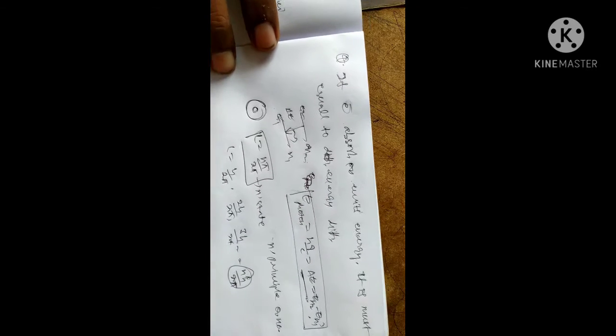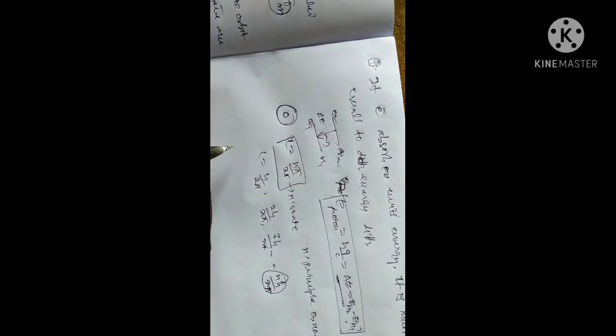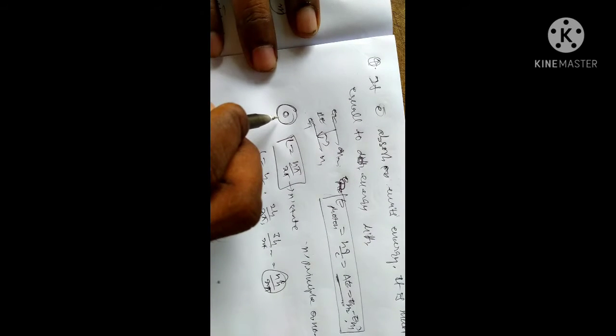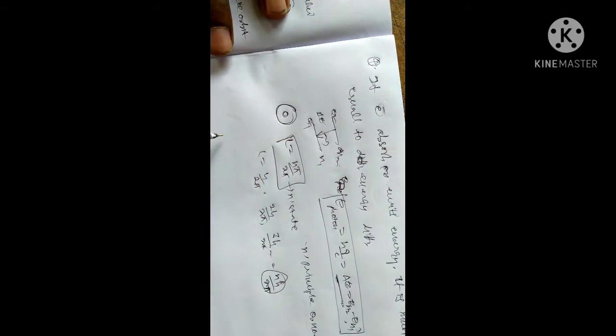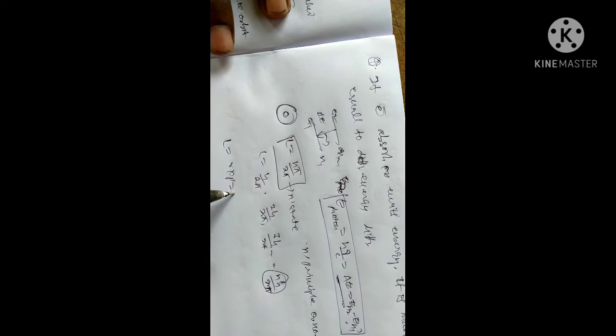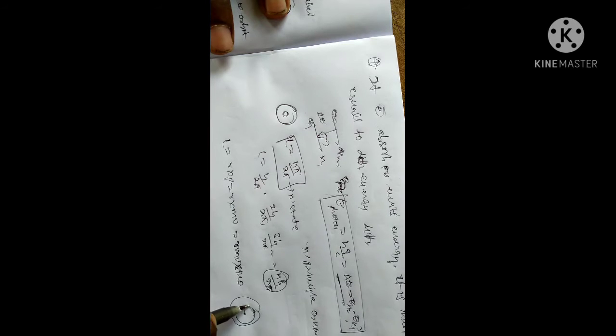According to angular momentum, there is a rotational angular momentum. L is equal to r cross p, that is r into momentum, where momentum is m into v. So L is r p sin theta. Here the rotation is like this, and the velocity is perpendicular to r, at 90 degrees.